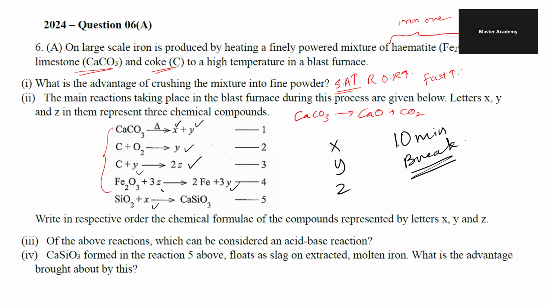So here X, Y, Z, we have already identified according to our equation. X is calcium oxide. Y is carbon dioxide gas.